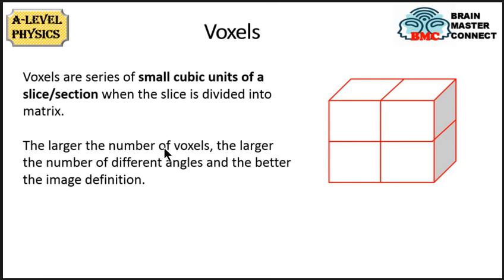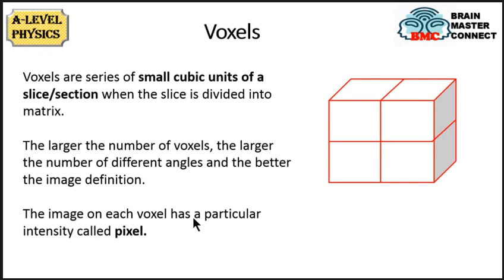So the more Voxels I have, maybe more than 4, the larger will be the number of different angles from which I view each Voxel via the X-ray beam, and the better the image definition of each of the Voxels.